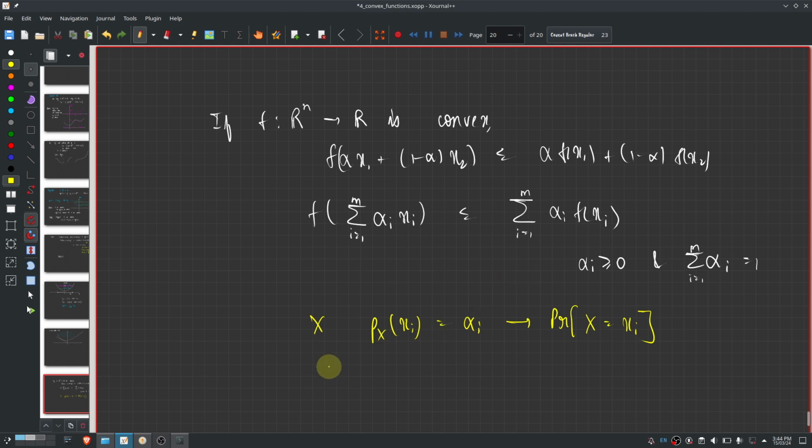So in this case, the expected value of x is equal to summation i equal to 1 to m alpha i xi. Correct? But what about the right hand side? What is that? That is also an expectation, but expectation of what?